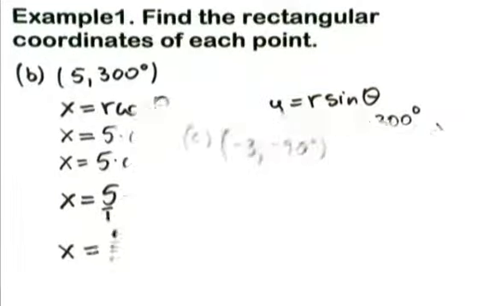One more example, converting polar coordinates to rectangular coordinates. We have -3 and -90.